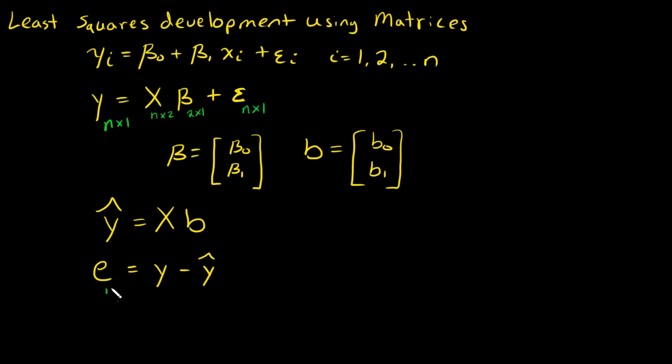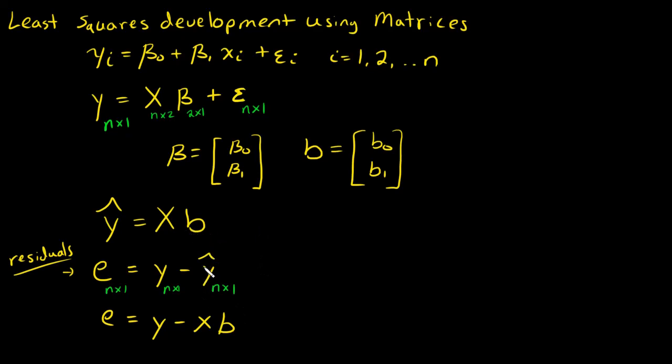So e is an n by 1 vector, y is an n by 1 vector, and y hat is also an n by 1 vector. These are our model residuals. We can also write this as e equals y minus X times b, because y hat is X times b.